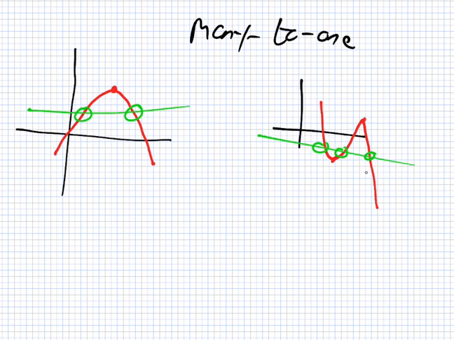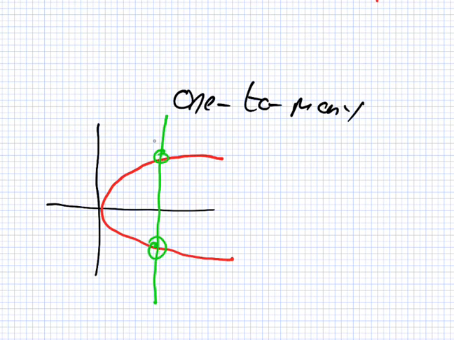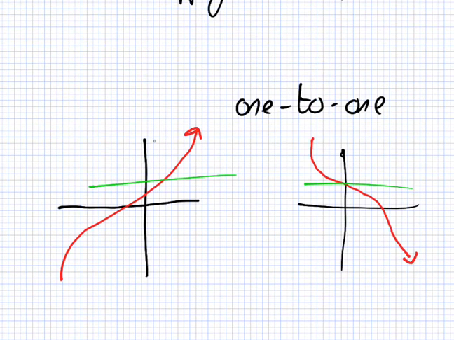Okay, next example is one-to-many. And the key thing about one-to-many is it has 2 heights. So another way of thinking about it is if you draw a vertical line, you should meet it more than once. In this case, twice. That's the many part. And again, if I go back to my first example, if I draw a vertical line, it's only once, isn't it?